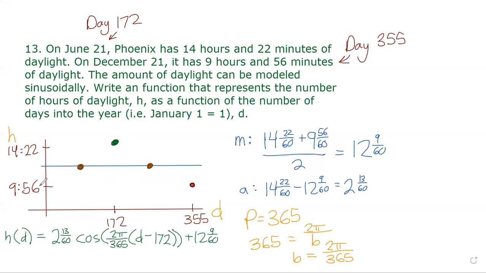The point that's down here would not be at 0, because if we know the period is 365, then it couldn't go from day 0 to day 355. It would actually be like back here. It would sort of be at day -10, if you want to think of it that way.